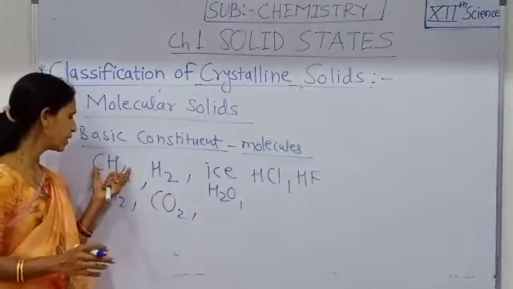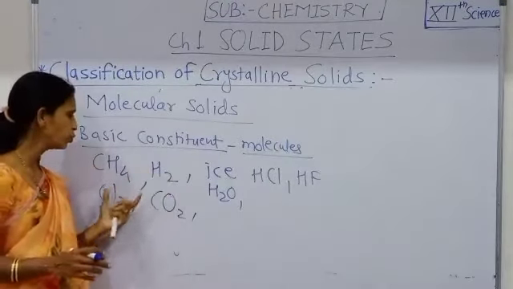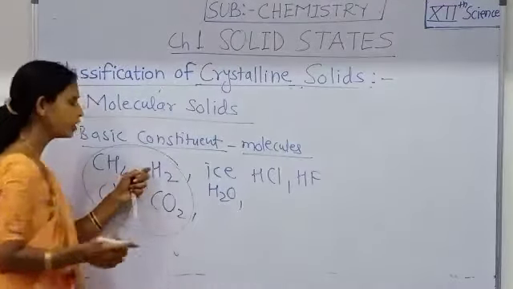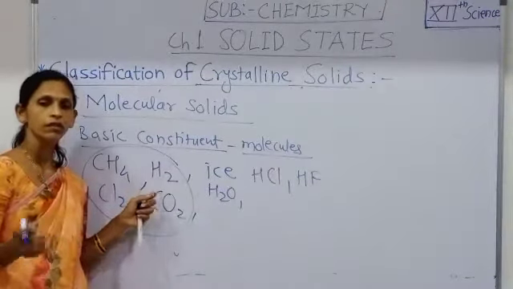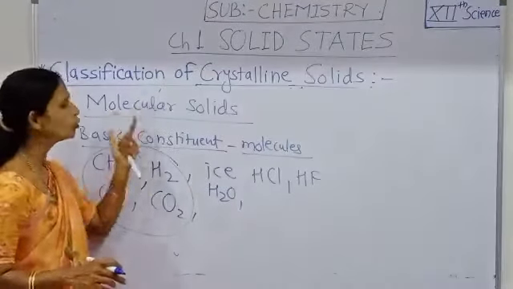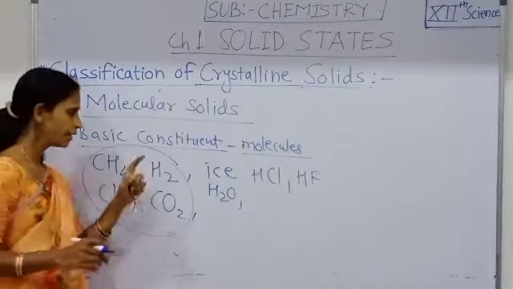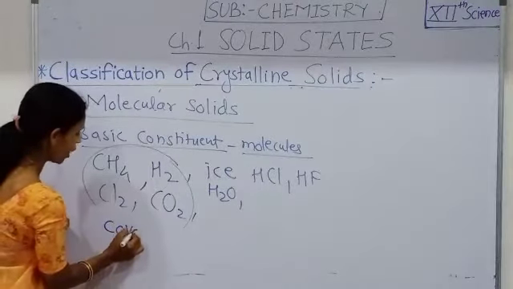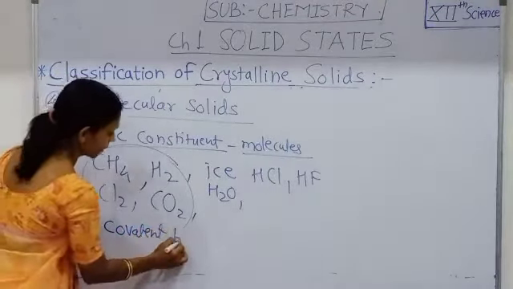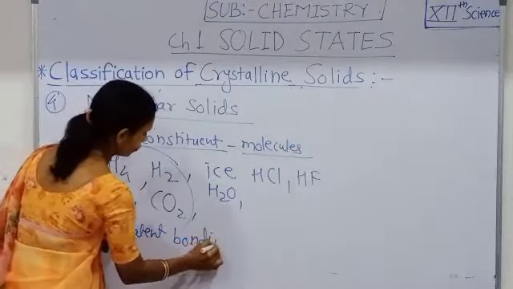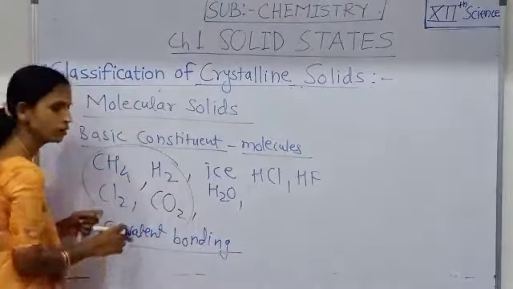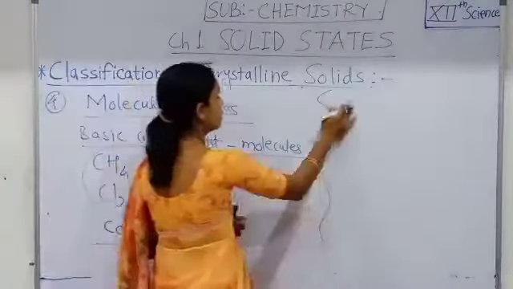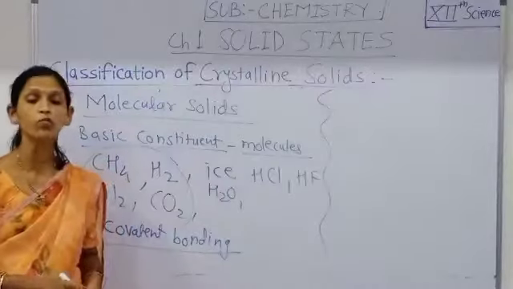See here, methane, carbon dioxide, H2, Cl2 are in the gaseous state, but on solidification they give molecular solids, and the bonding in those types of solids is covalent bonding. There are different types of molecular solids.